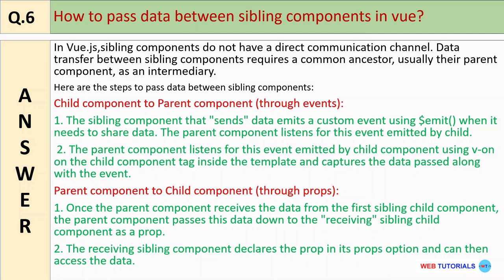As the next step, the parent component passes the data it received to the child component, which is the sibling component that needs to receive the data. For that, the receiving sibling component should declare the name of the data to receive as a prop in its props option, and it can then access the data.